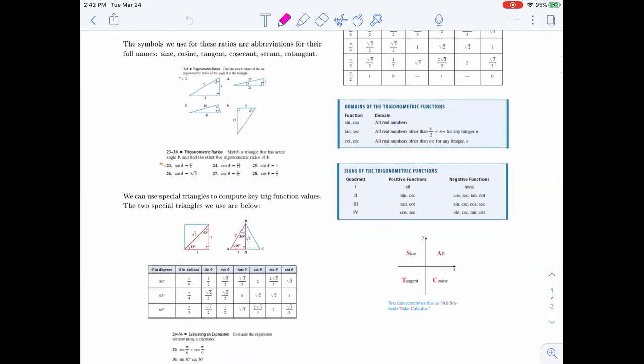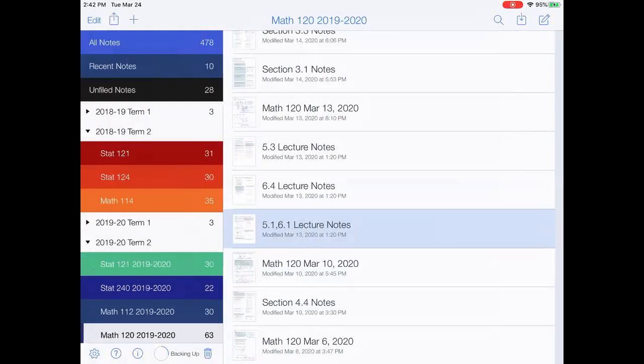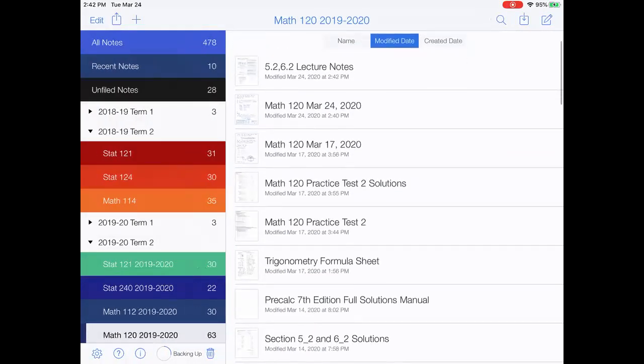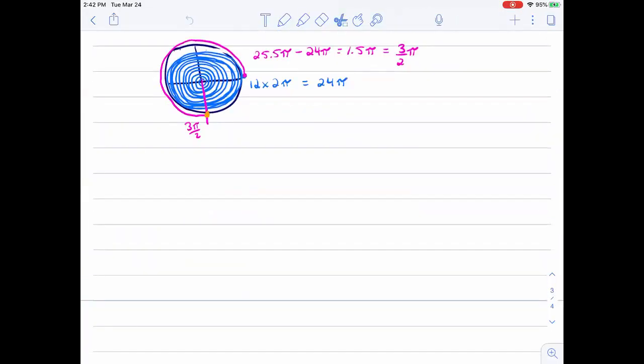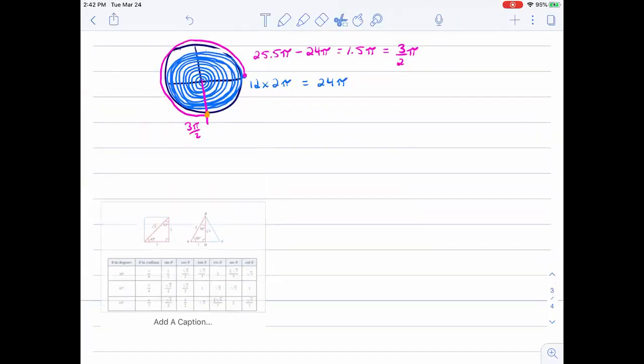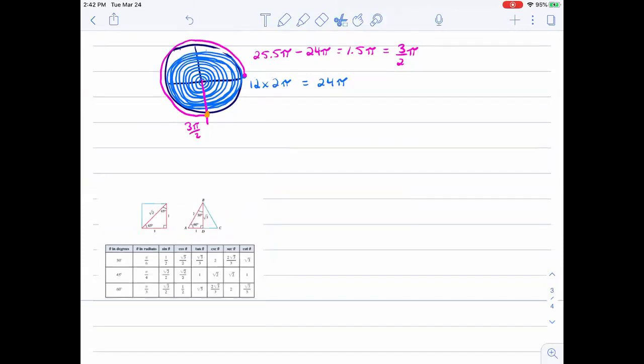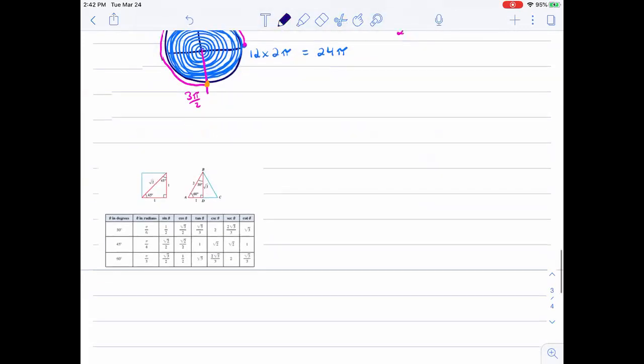What I want to do is move this up to the top, but also, I'll grab this whole section. I guess put it there, and I'll do something like sections 5.2 and 6.2.